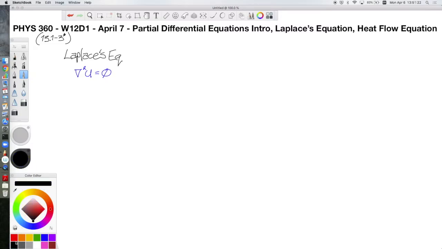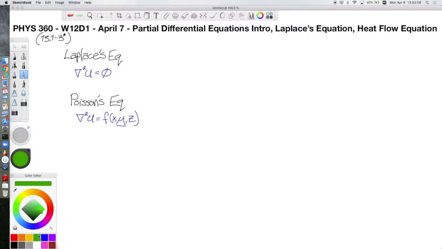The next one we might want to think about is called Poisson's equation, which is given by the Laplacian of u equals some function of x, y, and z, or you could write that function in terms of spherical or cylindrical coordinates if you want to. Poisson's equation is just like Laplace's equation, but it can be used in regions where there are masses and charges and heat sources.